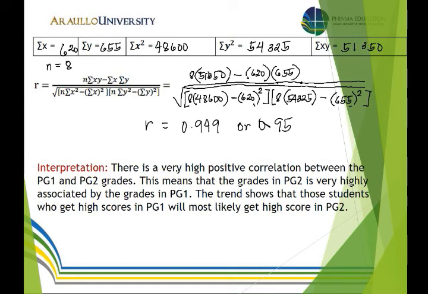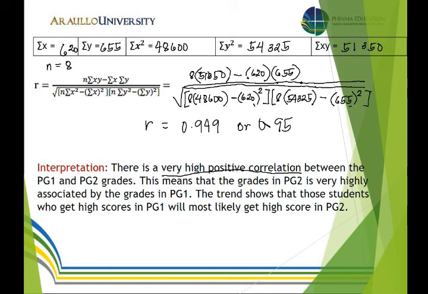So, kasi under siya ng sa interpretation natin. So, makikita nyo sa ating interpretation sa table natin. So, ang interpretation niya is very high positive correlation between first periodical grade and second periodical grade of the 8th student.